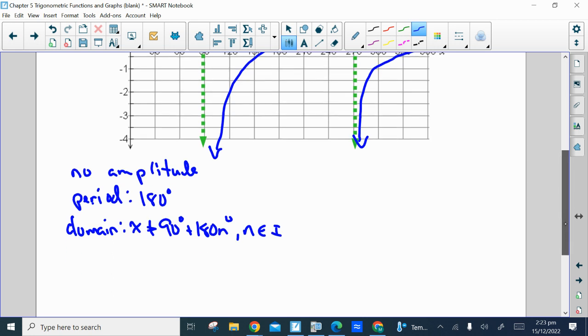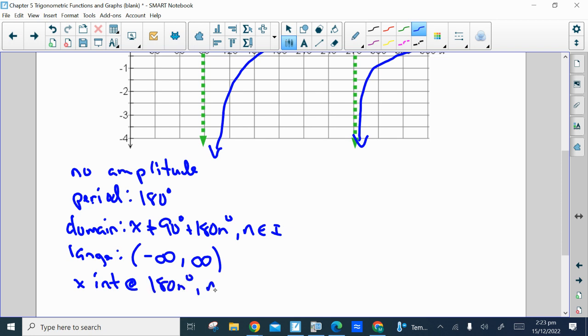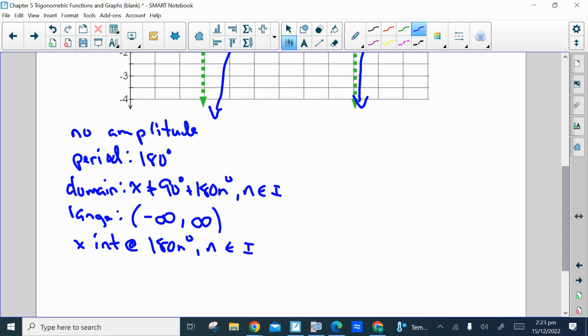That's where all the vertical asymptotes will occur. Our range still goes from negative infinity to positive infinity. And now we would say our x-intercepts are at every multiple of 180 degrees, 180 n degrees, where n is an element of integers.